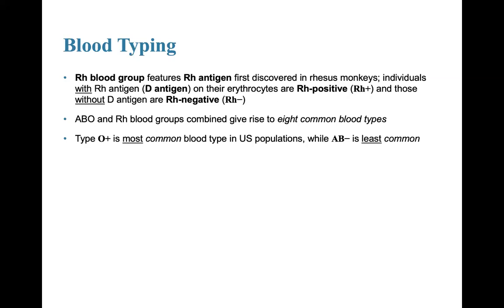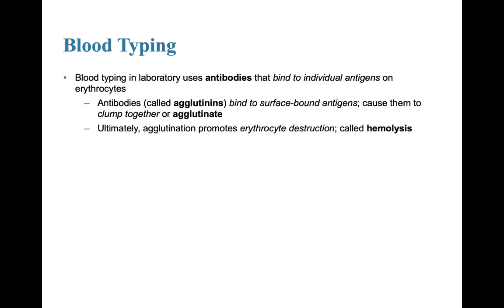Second pregnancy, if it's an Rh positive fetus, the mother's immune system will attack that fetus. This is something that can be prevented. There is a treatment called RhoGAM that is typically administered to Rh negative mothers, especially if the father is Rh positive, since the baby could potentially be Rh positive.